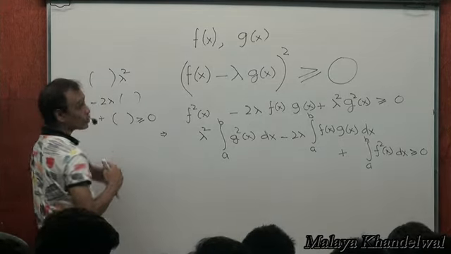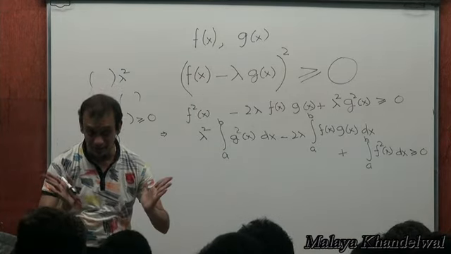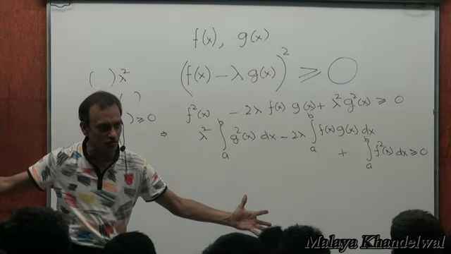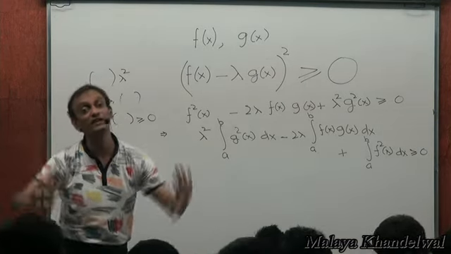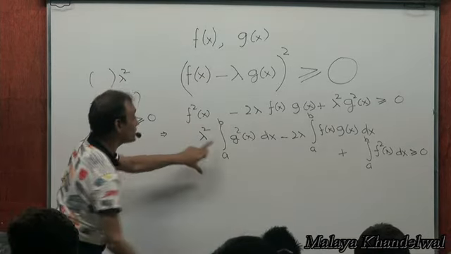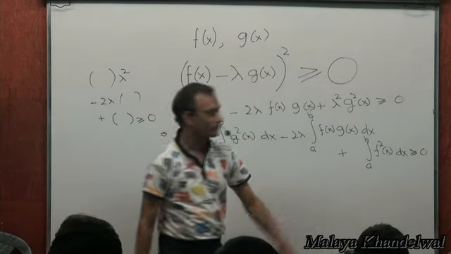Which means a quadratic in lambda greater than or equal to 0. That means its discriminant will be less than or equal to 0. If a quadratic is greater than or equal to 0 always, then its discriminant will always be less than or equal to 0, right? So the discriminant of this quadratic will always be less than or equal to 0.